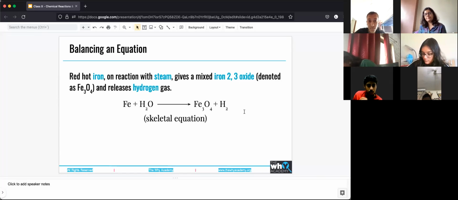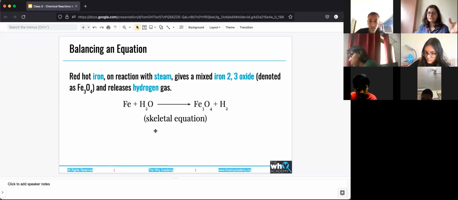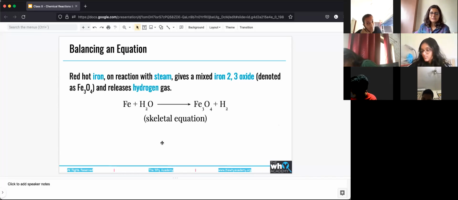It is a skeletal equation, because no states are given and it is not balanced. It is literally telling you what is reacting and what is being produced. So that's why we call it a skeletal equation. So iron is Fe, steam is basically water, H2O. It gives Fe3O4 plus hydrogen gas, H2.